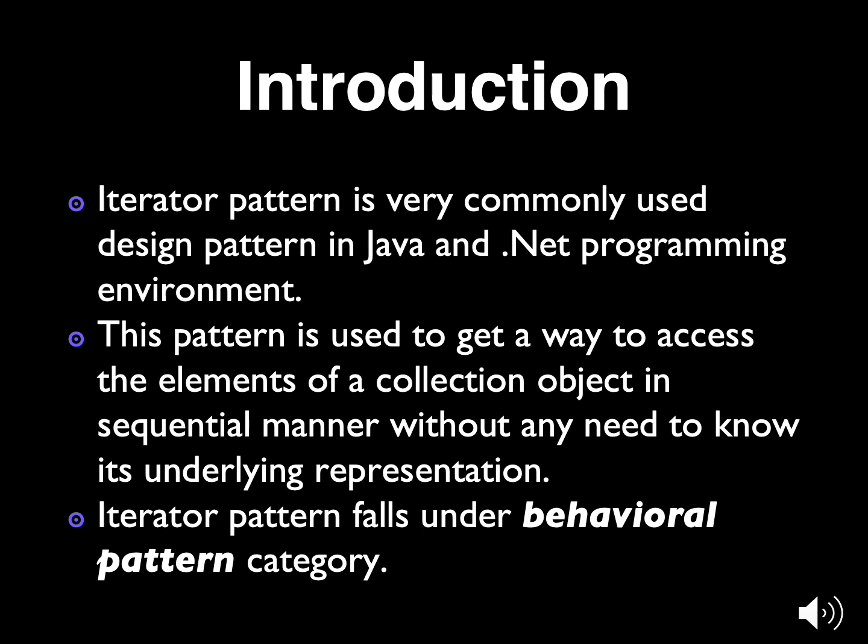So this pattern falls under the behavioral category because it helps you to change the behavior of using different data structures. An aggregate object such as list, graph, tree, arrays should give you a way to access its elements without exposing its internal structure. As you know, all data structures have different internal structure. For example, array works based on some index-based system, whereas the queue has different mechanism.